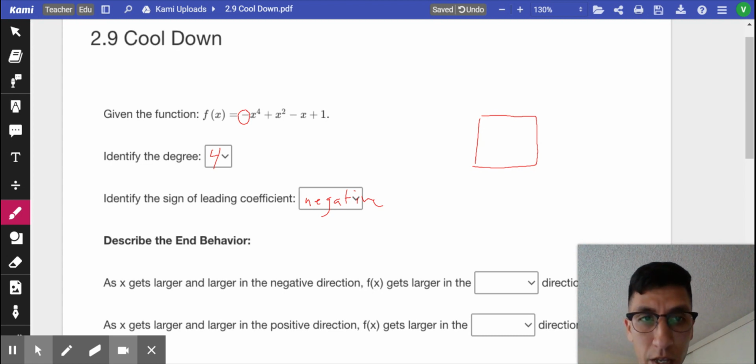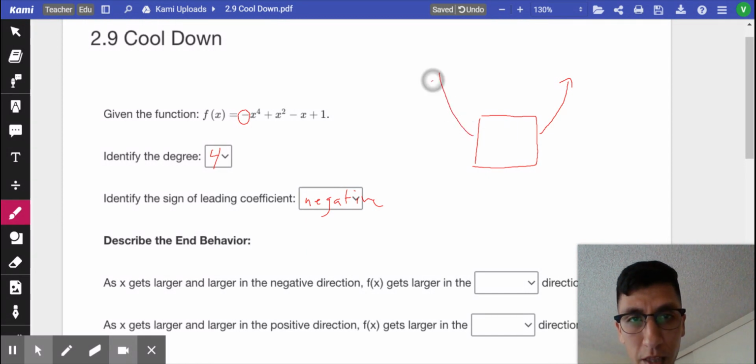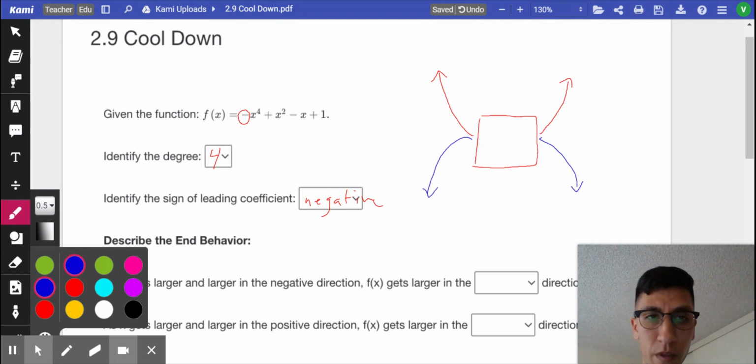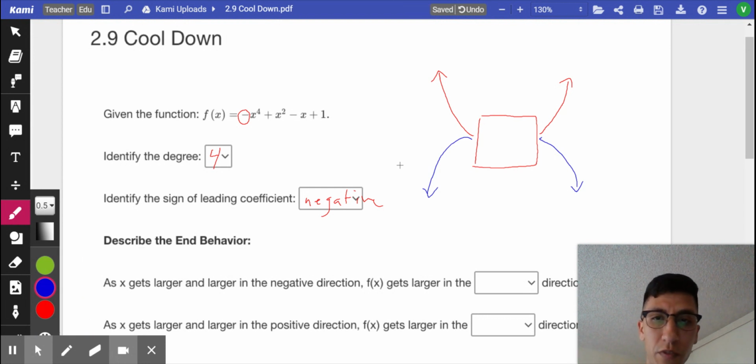So for a fourth degree polynomial, an even function, either both ends go up like this, or both ends can go down like this. So it's one of those two types of graphs.